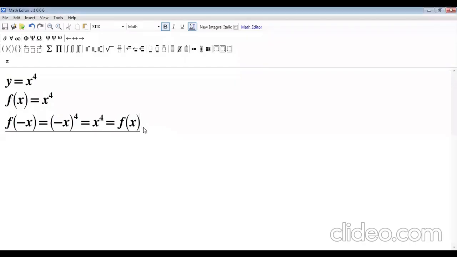Suppose we have y equals x cube, that means f of x equals x cube, right?